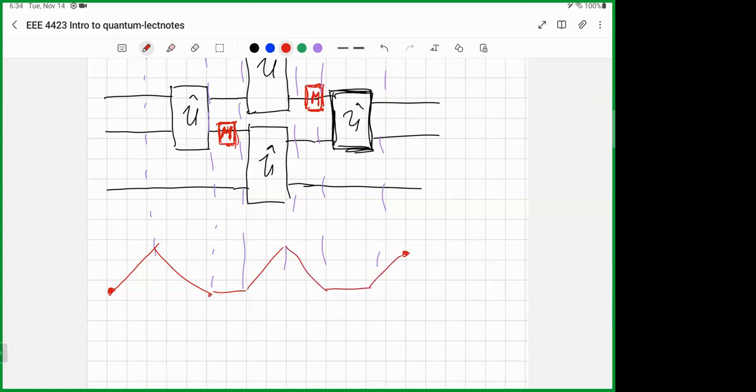And it reminds the random walk, but for the wave function.